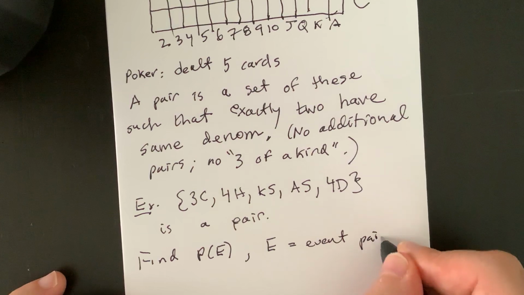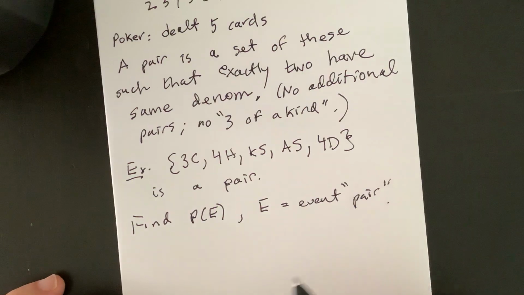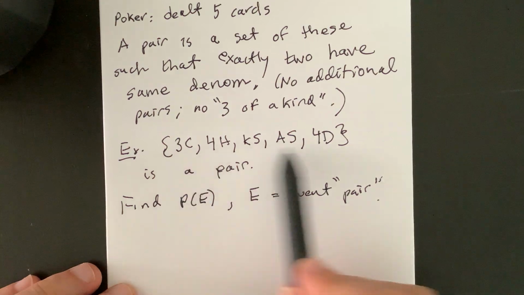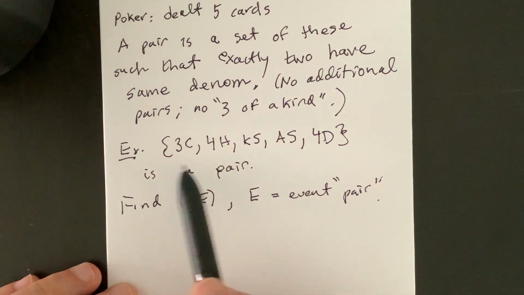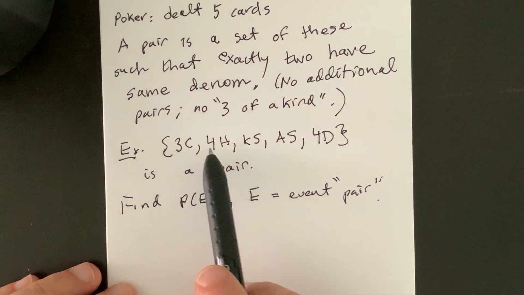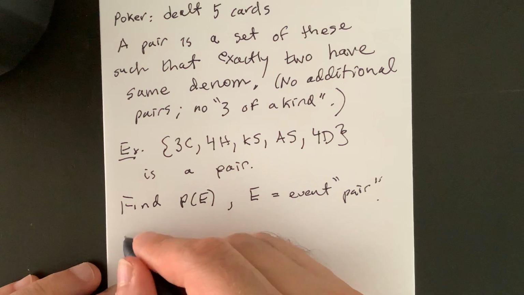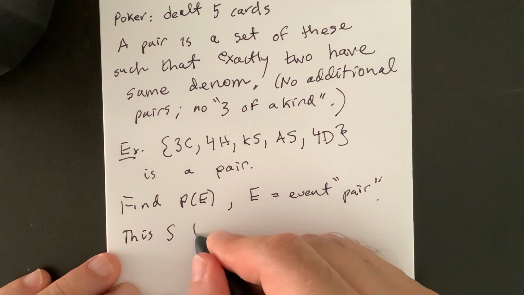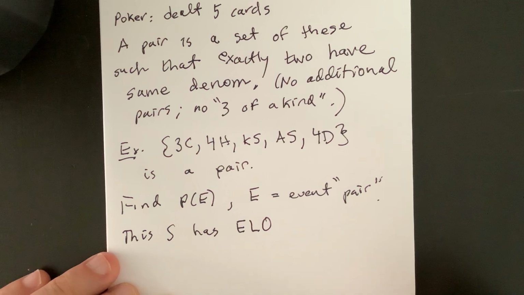So the key is all hands are equally likely, once the cards are dealt fairly, assumed to be dealt fairly, and any exact set of cards that I put down here are equally likely. So let's start by saying this. Note this experiment, this sample space S, has ELO, equally likely outcomes.